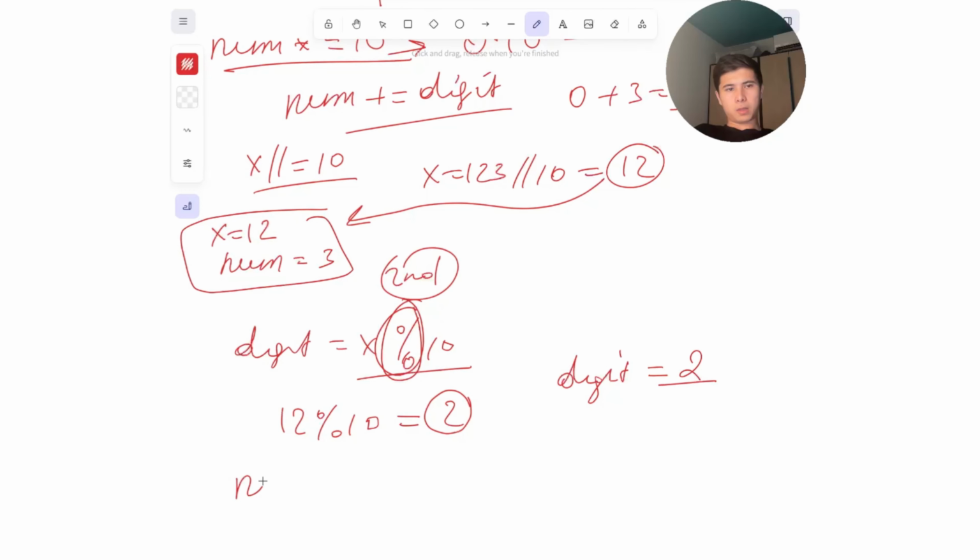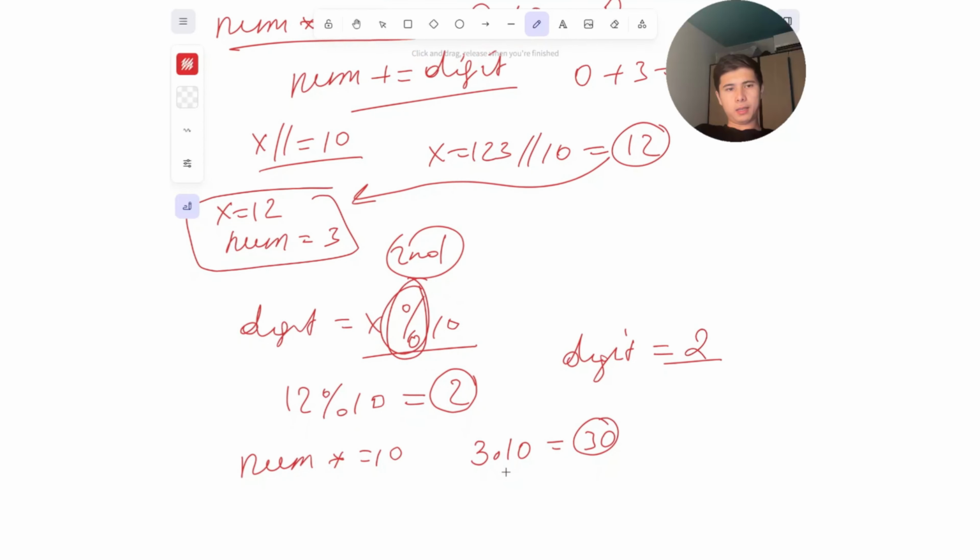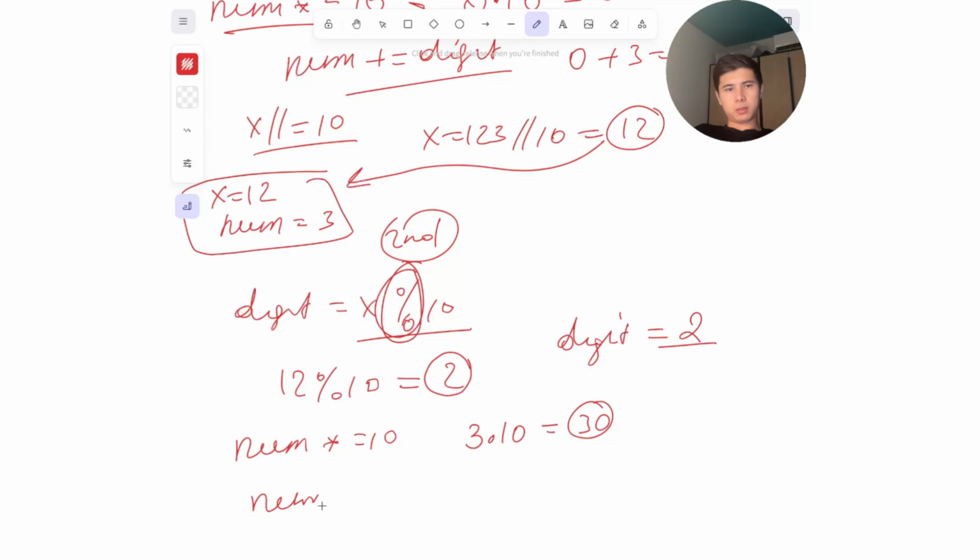Then number multiplied by 10: our last number was 3 multiplied by 10 equals 30, and then number plus equals digit, our last digit was 2, so 32.